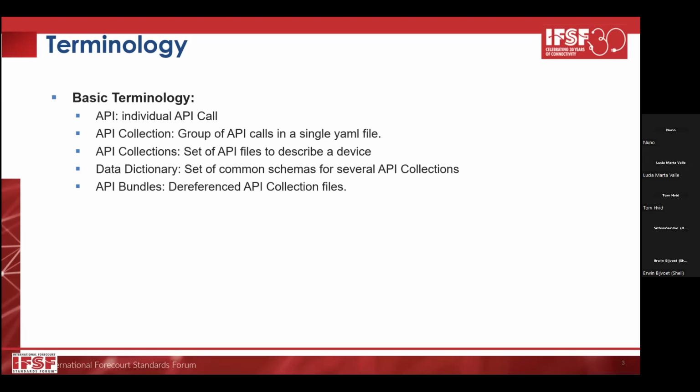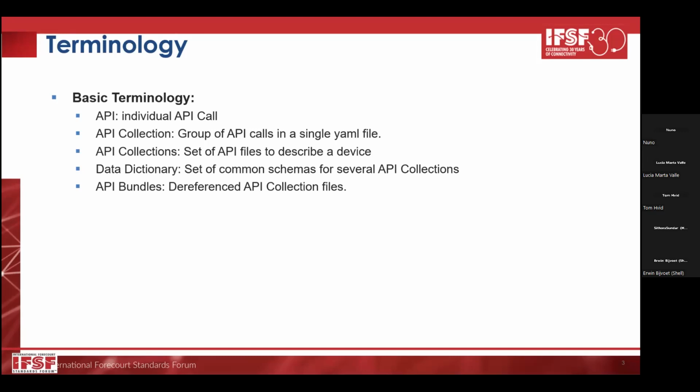Last, each API collection includes several schemas and objects that are defined either in a schemas directory of the repository or in a data dictionary. The data dictionary is a set of common schemas used by several API collections. This makes it easier to write in a more structured way and reuse common objects.